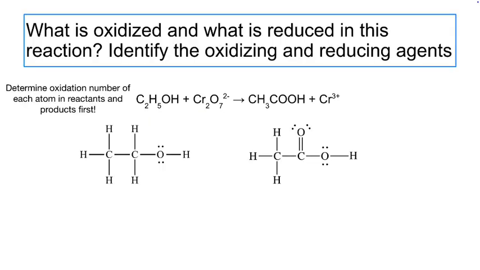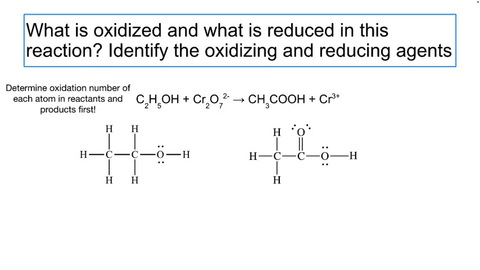Okay. So if we go through and look at this chemical reaction in a little bit closer detail, what is oxidized and what is reduced in this chemical reaction? If you remember our discussion Monday, right? When we talked through Monday, we said we had to be a little bit careful with our chemical formulas because determining the oxidation state of the atoms within a chemical formula could be misleading because we could have one element, carbon, have different oxidation states within the same compound.